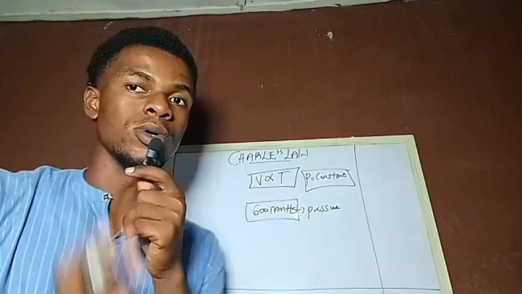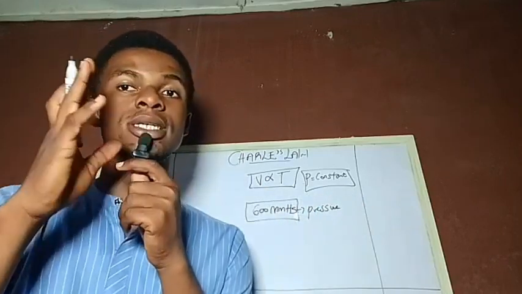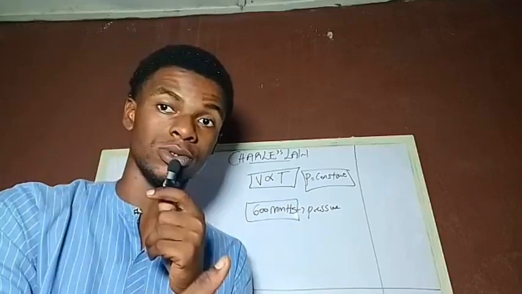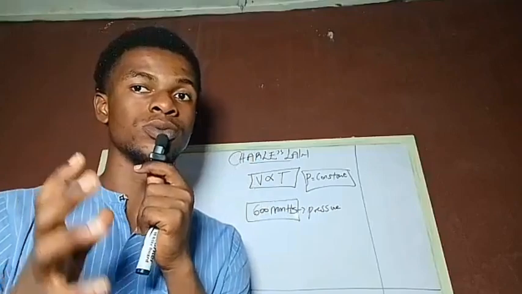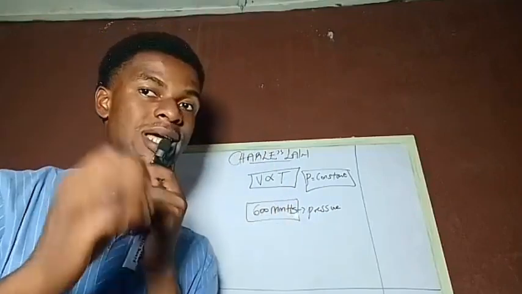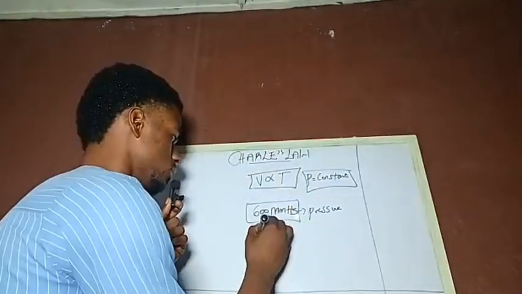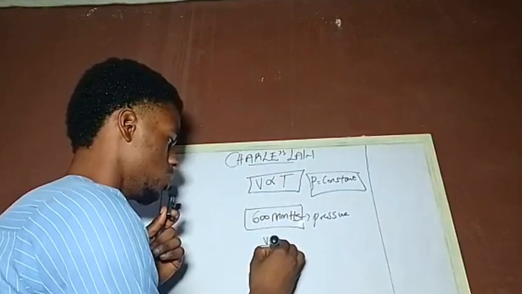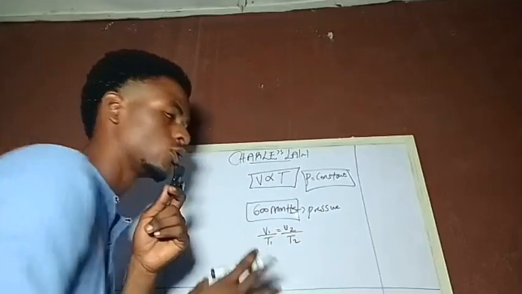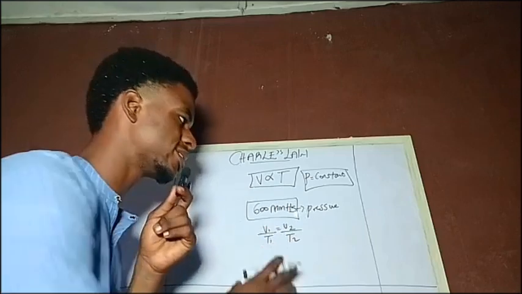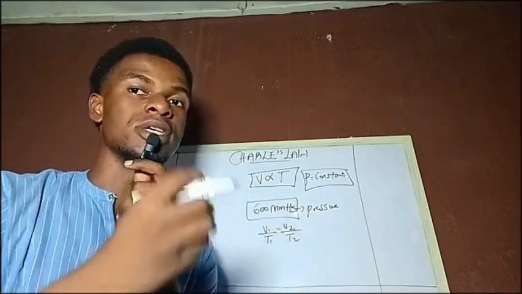You are only focusing on the volume and the temperature, which can be in degrees Celsius or in Kelvin. Are you with me now? So the formula we use in solving questions on Charles' law is V1 over T1 equals V2 over T2.